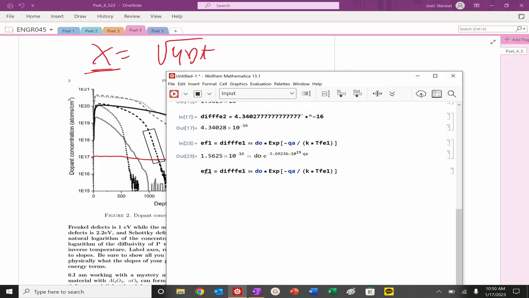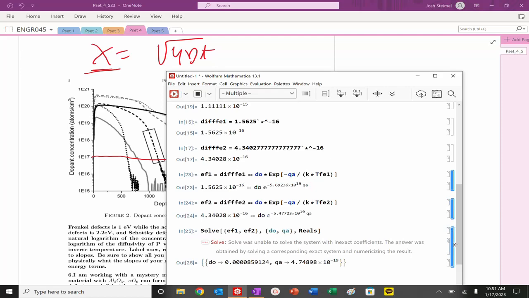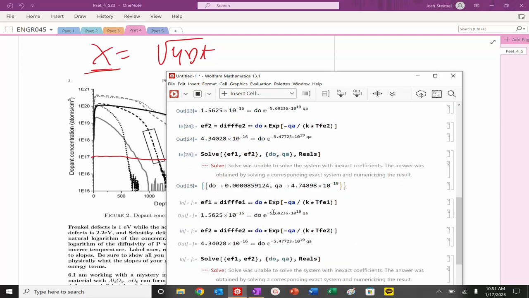I'm going to do the same thing for Fe2. And now I can solve EF1, EF2, solve it for D naught, QA, and I want to get my real values. And we got it. So I can copy this now. I got my activation energy. I've got that.